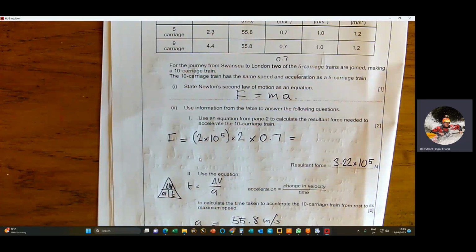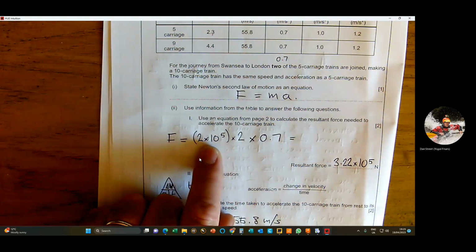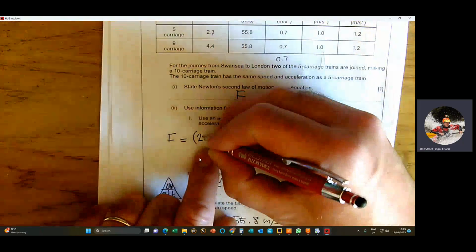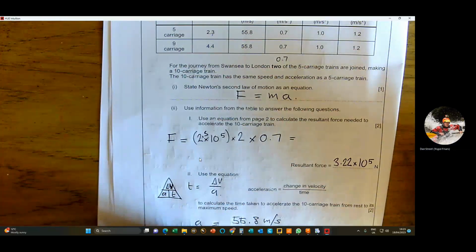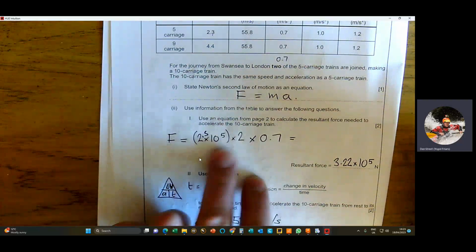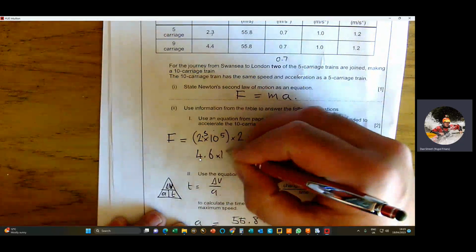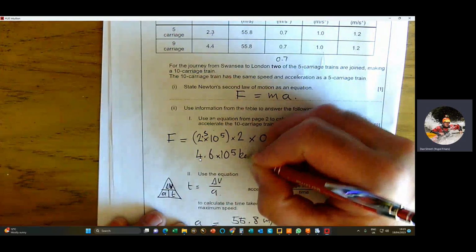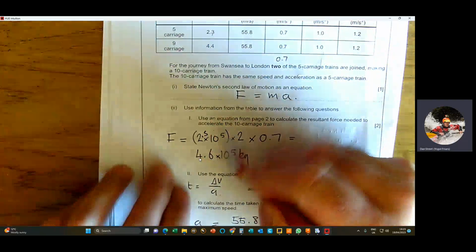Oh, no, I just realised, I didn't finish that off there. It's 2.3. So 2.3 times 2 is 4.6 times 10 to the 5 kilograms. So 4.6 and 4.4 are similar.